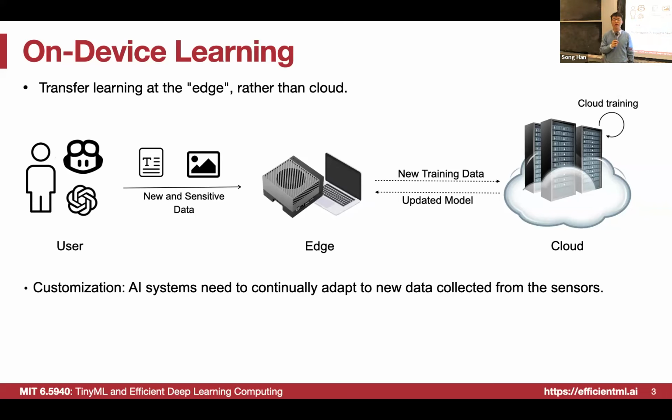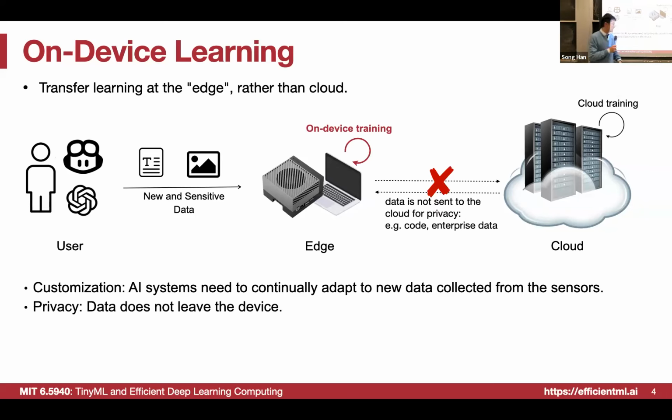Everyone can have his or her own model for particular taste and for particular preferences. And secondly, the data doesn't have to leave the device. So you don't have to transmit the data to the cloud server. Some of them might be privacy sensitive, like the code, or some enterprise data. What if you can process and train the model locally on the edge device? That's pretty exciting.